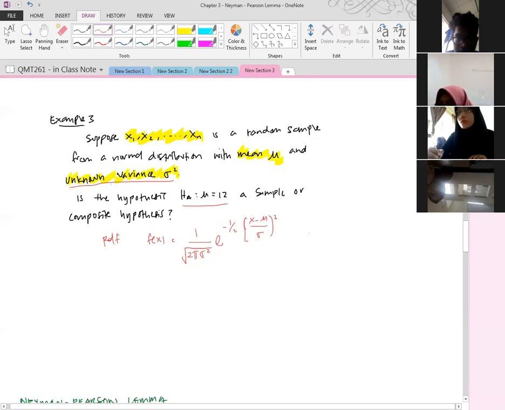This is from negative infinity to infinity, and the variance should be more than 0. The mean can also be from negative infinity to infinity.